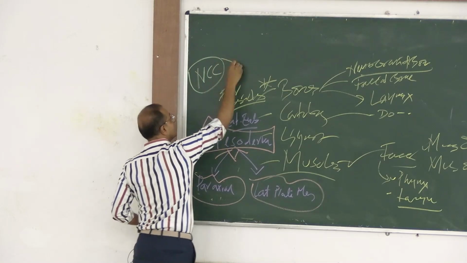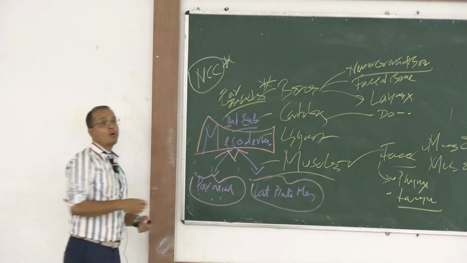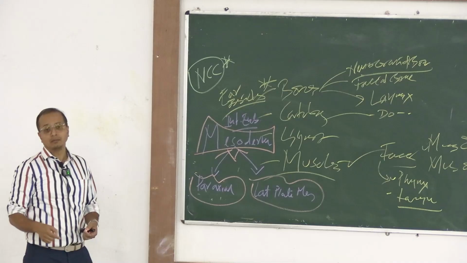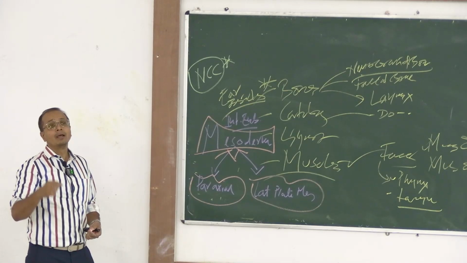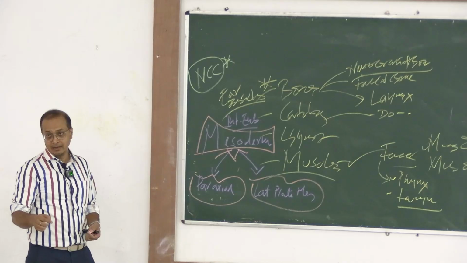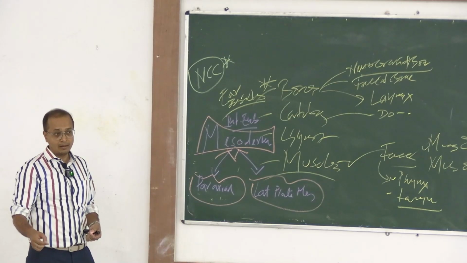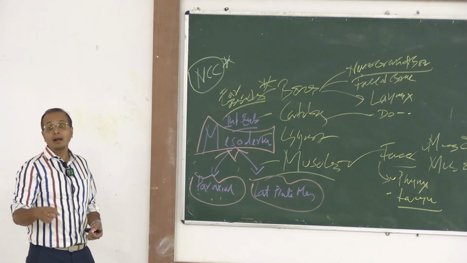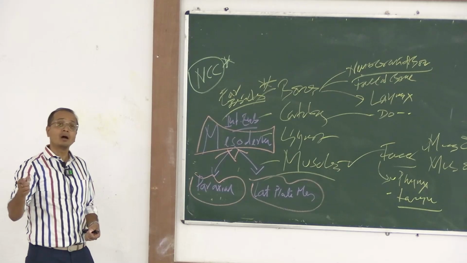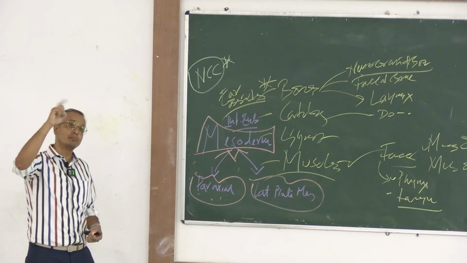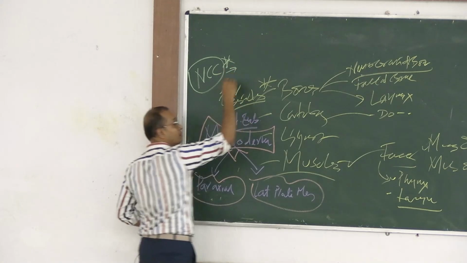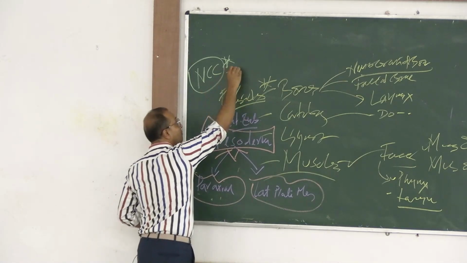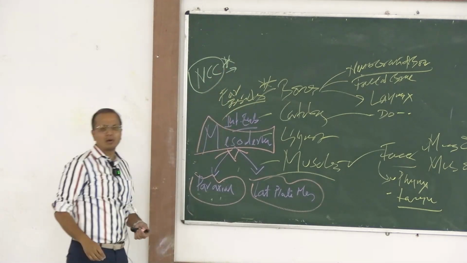Now this NCC is the important structure in the neck region. Now what is NCC? We call them as neural crest cells. Now what is a neural crest cell? The neural crest cells are ectodermal cells which are coming from the future brain regions. They migrate from the brain or brain developing region and migrate to different parts of the body.